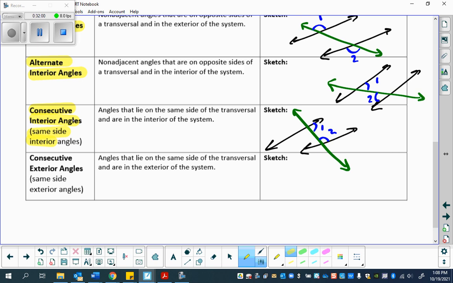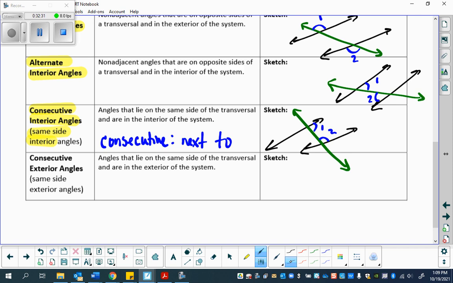We call them consecutive. The word consecutive means right next to each other, one after the other. So when we talk about this word consecutive, that means next to. One right after the other. So our consecutive interior angles.